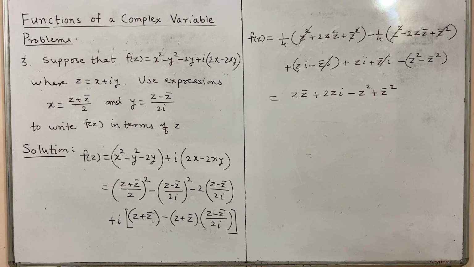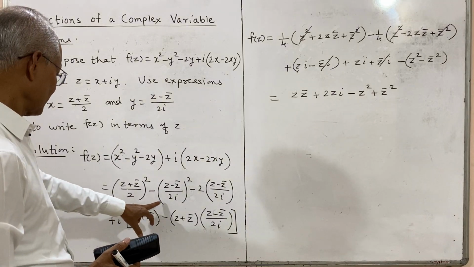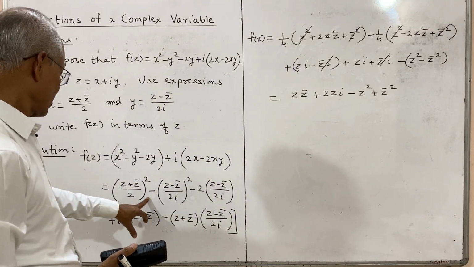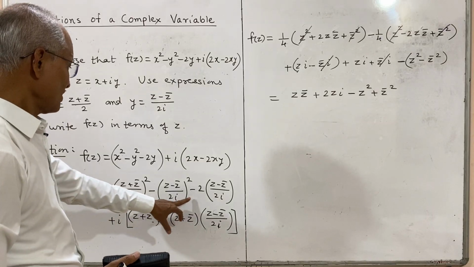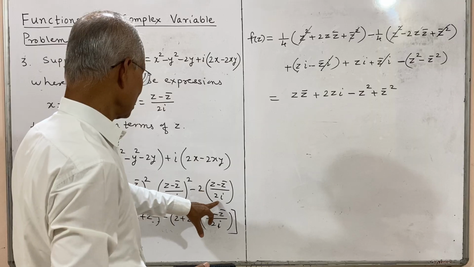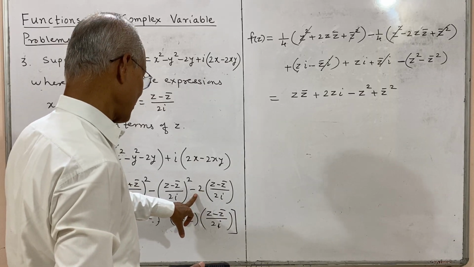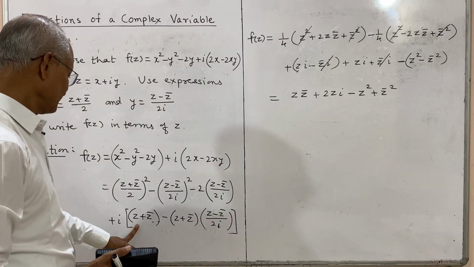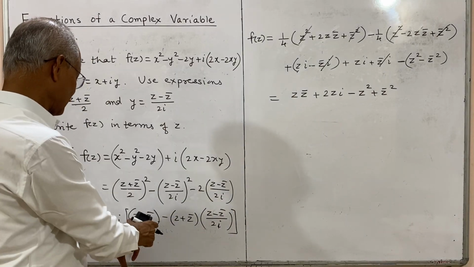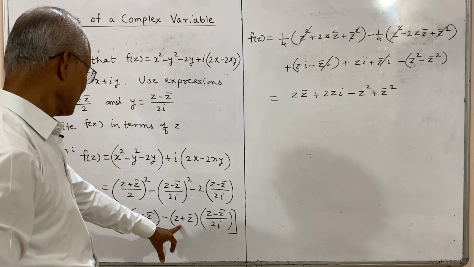Because you see this is the expansion we have written, minus 2, and here 2 cancels and it becomes plus zi minus z bar i, that is right, and then this is 2x, and this is 2x, z plus z bar.